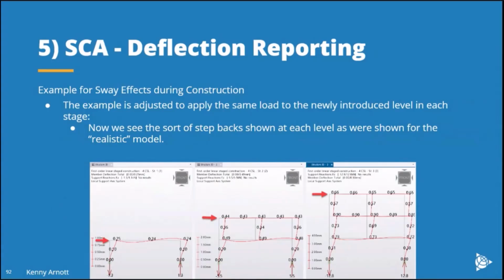Taking that example a little bit further, just putting a load at every level, again you see level 1 has moved over, you add level 2 and add the load at level 2, level 1 moves a bit further, so that level 2 moves over, and so on and so on. But each time you're seeing this small step.